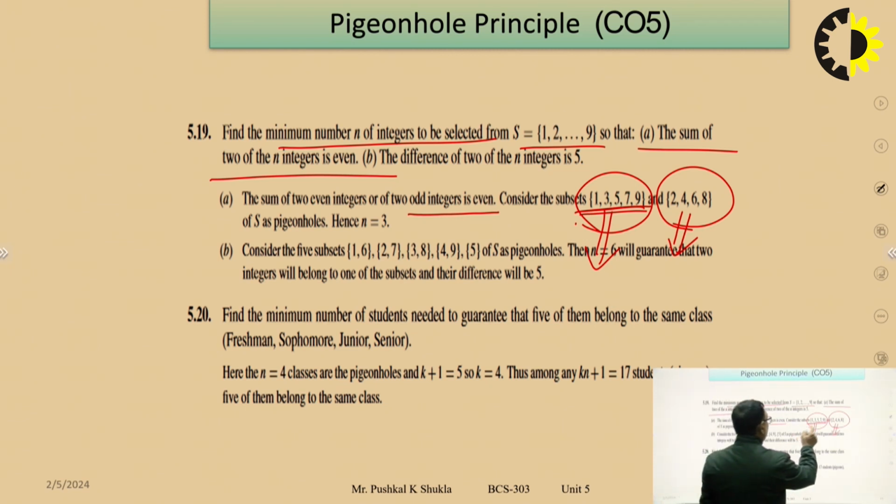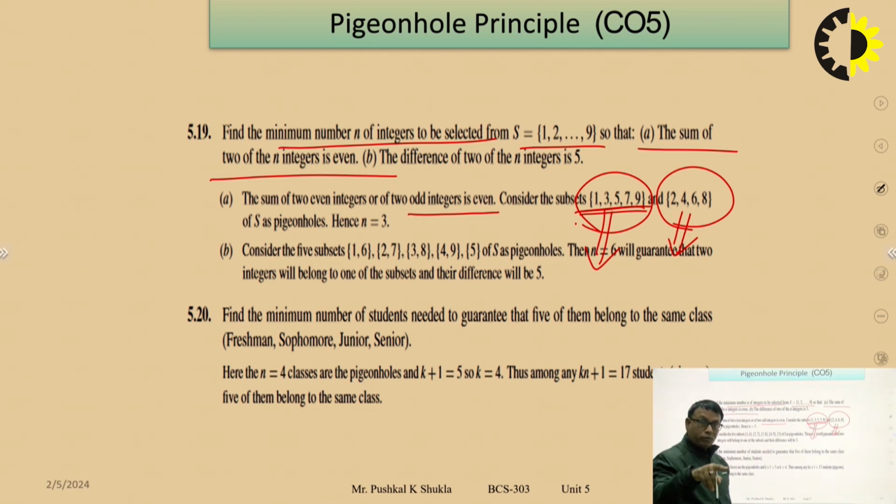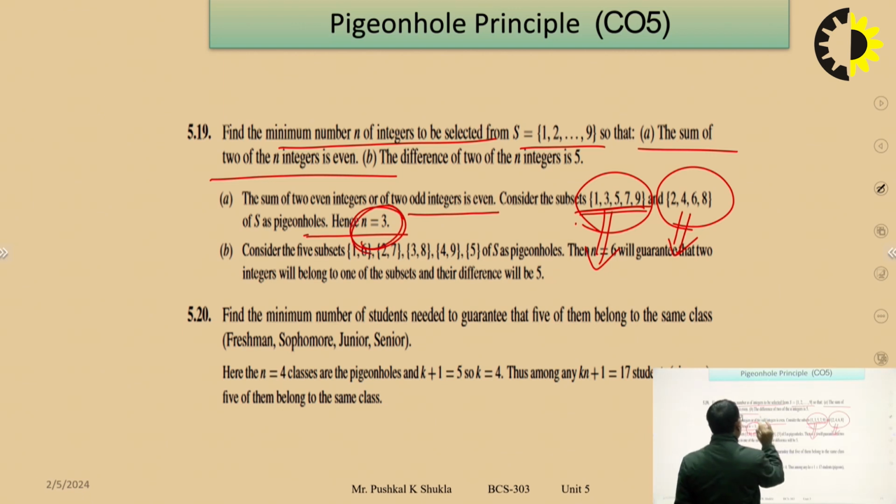So if 2 pigeonholes are there, there will be n plus 1, one more. So n equal to 3. So 3 pigeons are there, minimum. So the minimum number of integers to be selected is 3 from S so that the sum of 2 of the integers is even.